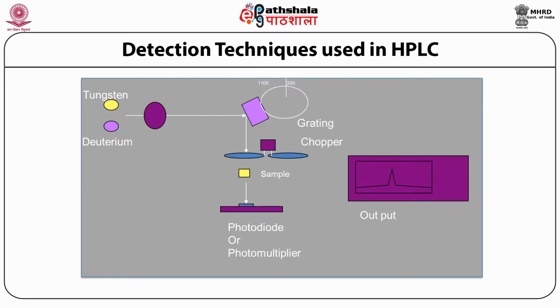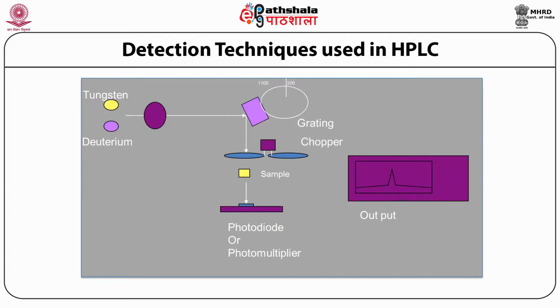Deuterium gives a continuum. These lights are switched on and off depending upon necessity, and we have a grating which helps us separate a particular nanometer of our interest and isolate that wavelength, which is then fed to the sample.